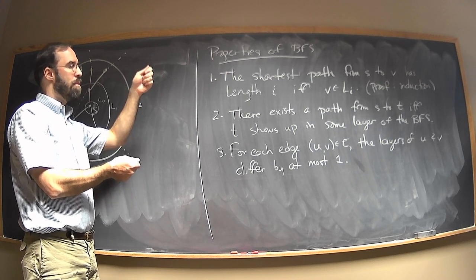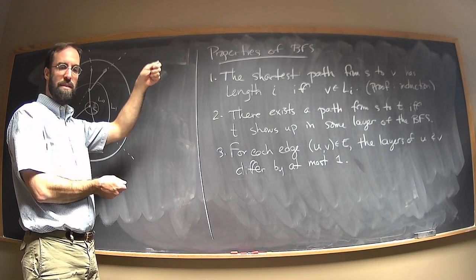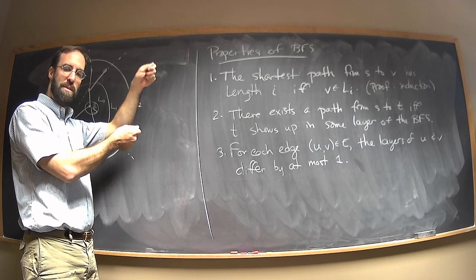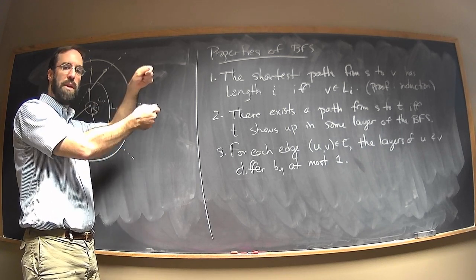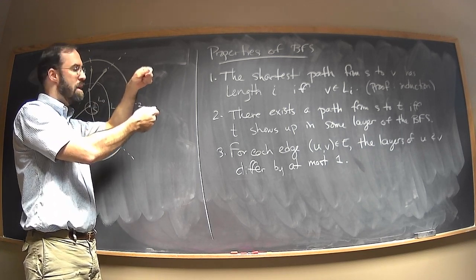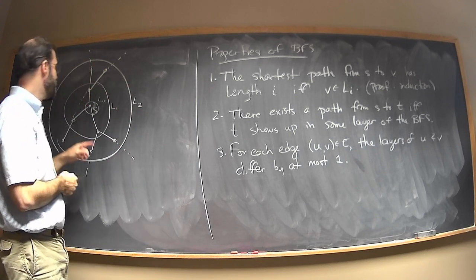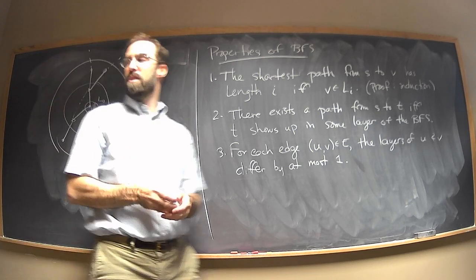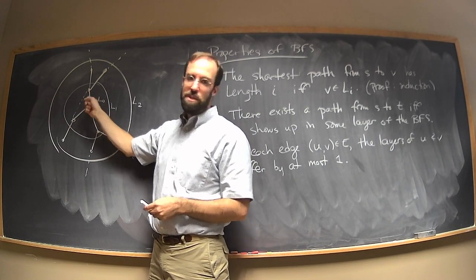When you say it that way, of course not, because if U shows up in layer 3, and there's an edge between them, then V is going to show up in the next layer, because we follow all the edges that we can to get the next layer. Now, they could show up in the same layer. That can happen. In this example, this edge was connecting these vertices, but these 2 vertices are in the same layer.